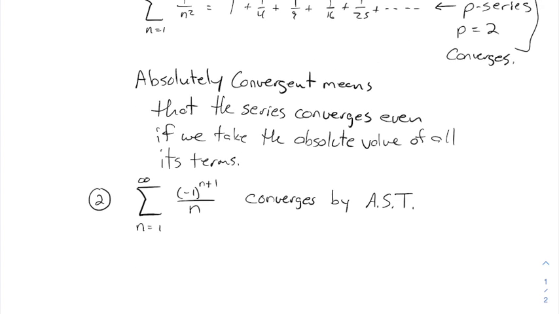However, if we take the absolute value of these terms, and that would just get rid of the negative 1 raised to the power, we get this, which is the harmonic series, which diverges. So what that tells us is this series up here is not absolutely convergent. It's conditionally convergent.